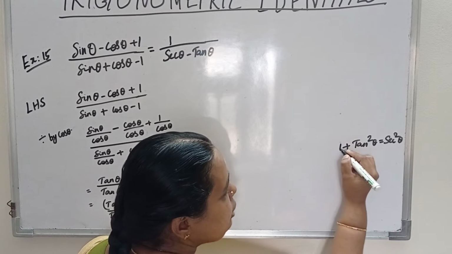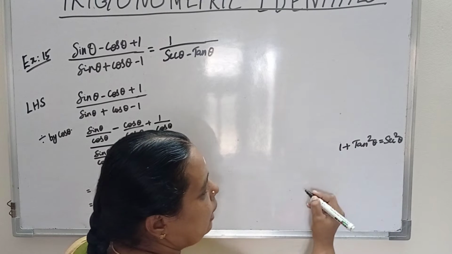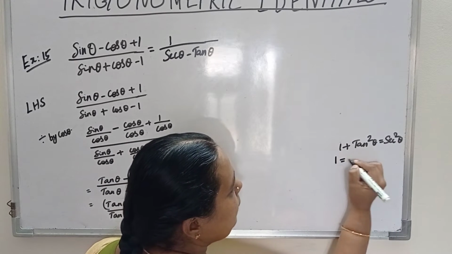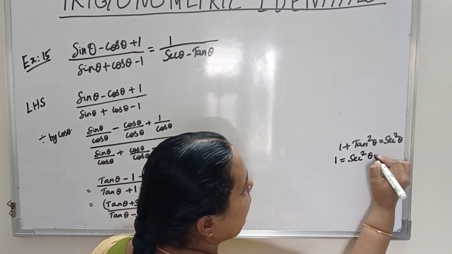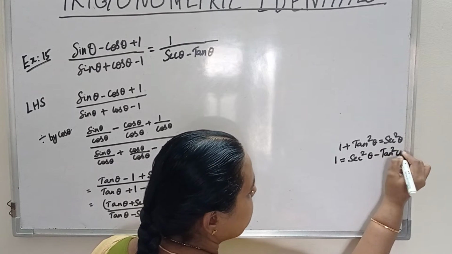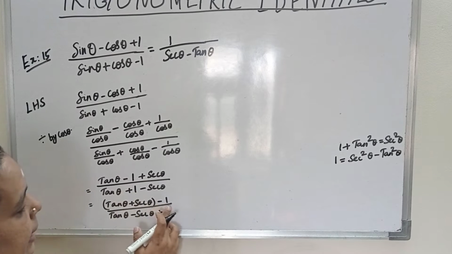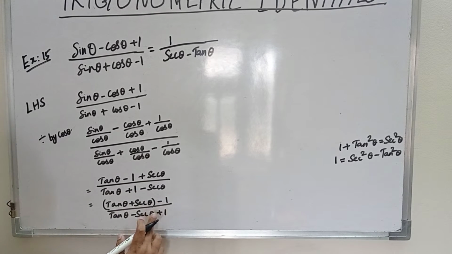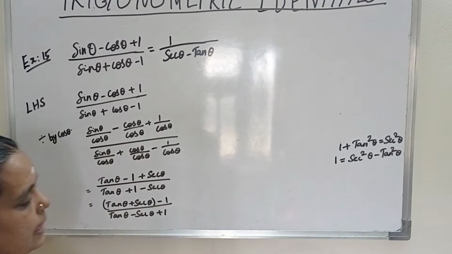So instead of 1, let us bring tan square theta to the other side. So 1 will be equal to secant square theta minus tan square theta. So why we are segregating is, instead of 1, we will be replacing it with secant square theta minus tan square theta.